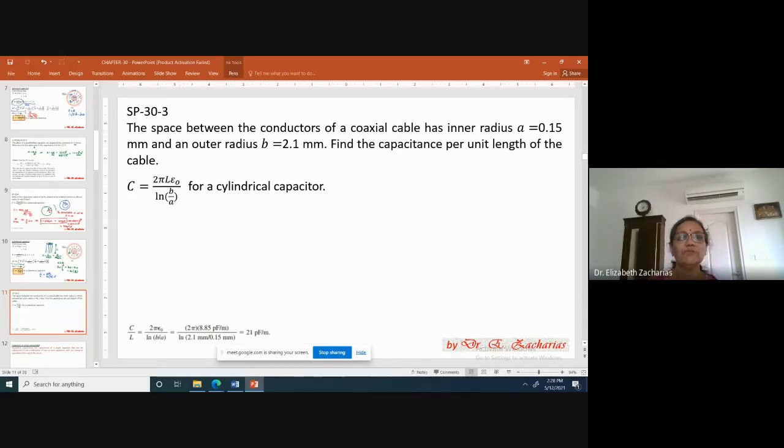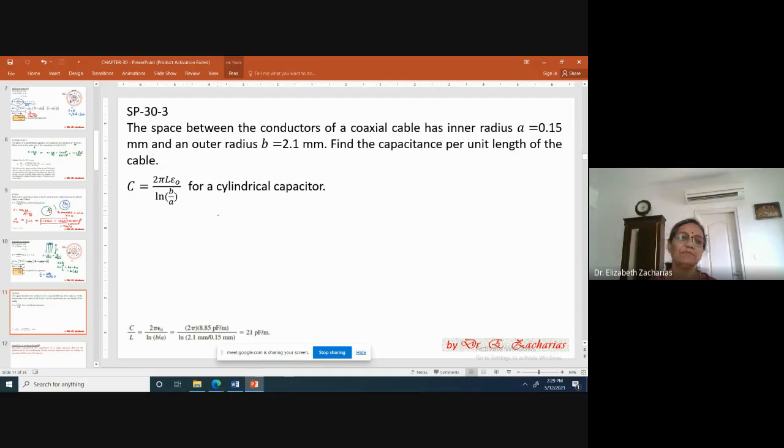So now, the space between the conductors of a coaxial cable has a equal to 0.15 mm. See the size. Every problem is trying to teach you something. You have to keep your eyes and brain open to understand what it is. a is 0.15 mm and the outer radius is 2.1 mm, very small. Find the capacitance per unit length.